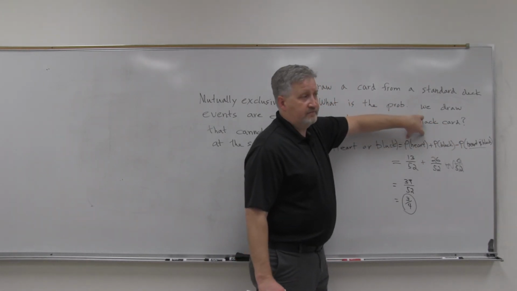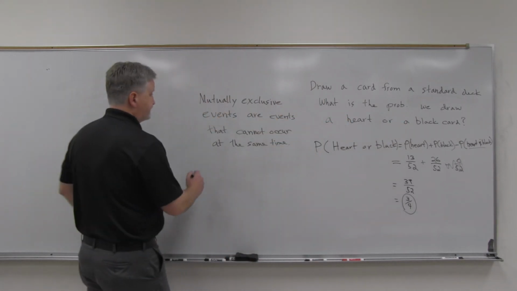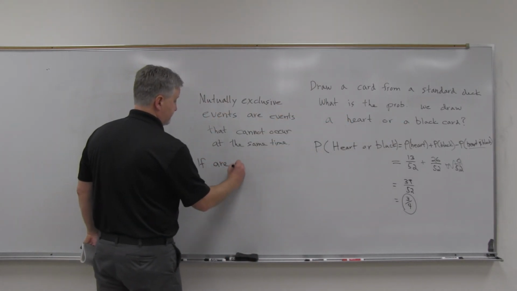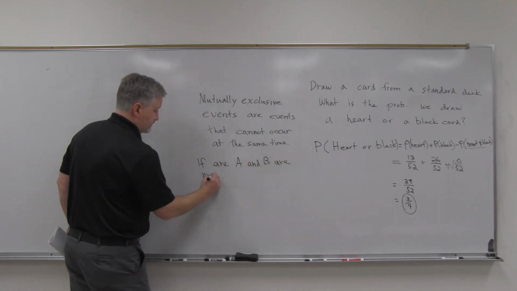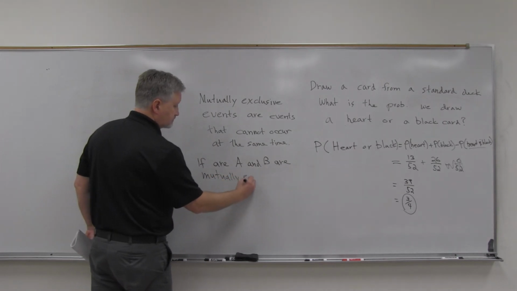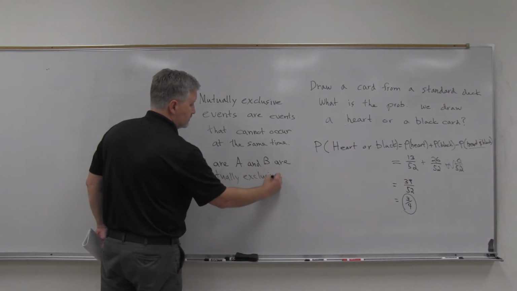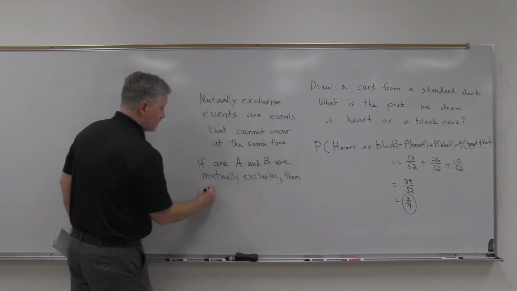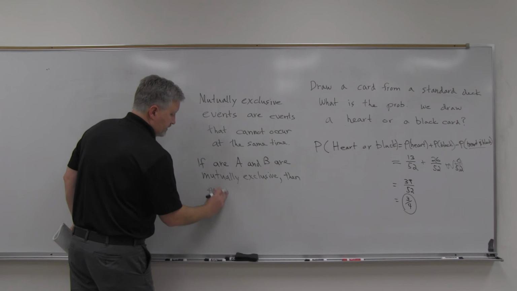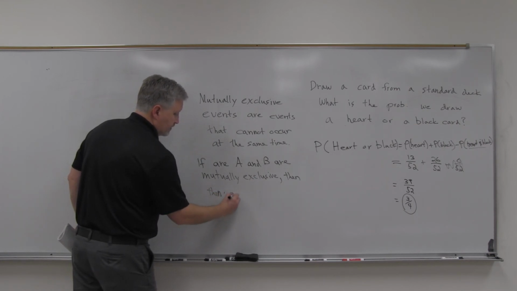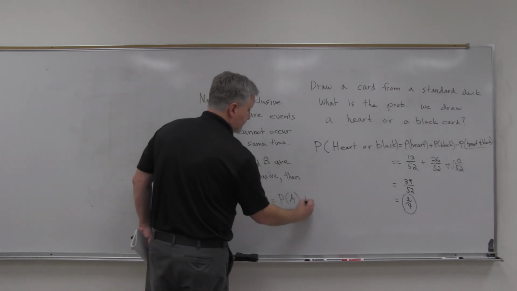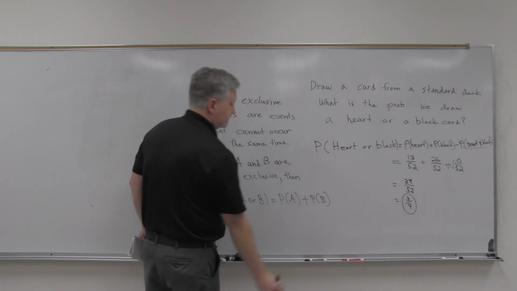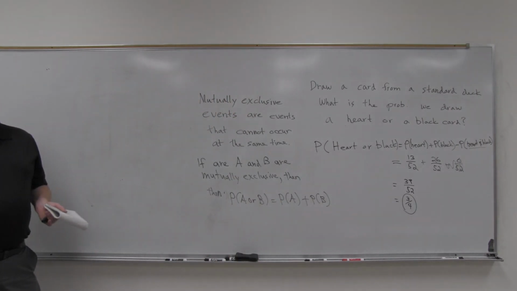What that tells me is that if A and B are mutually exclusive, then the probability of A or B just equals the probability of A plus the probability of B. You could put the probability of A and B on there, but it's 0 if they're mutually exclusive.